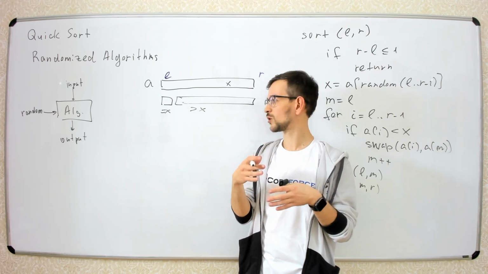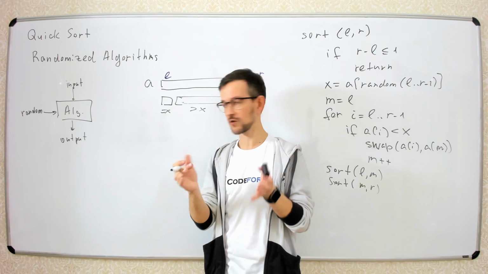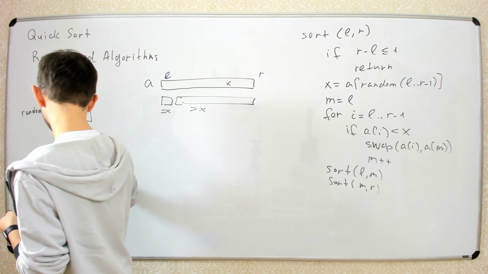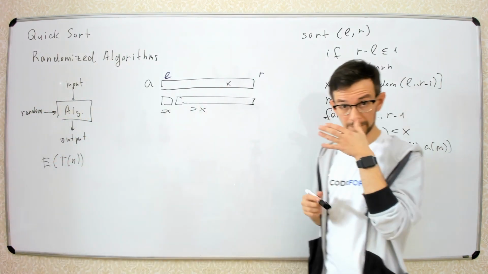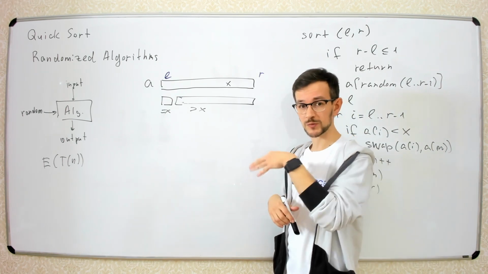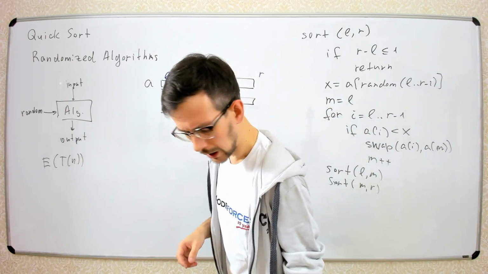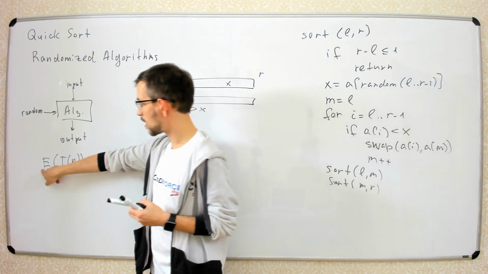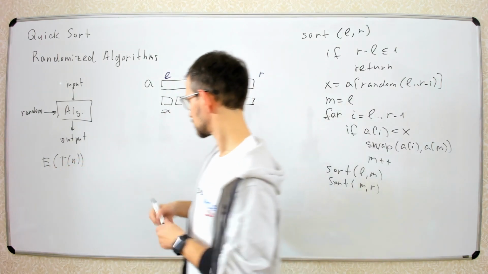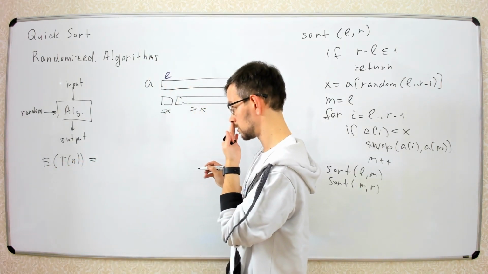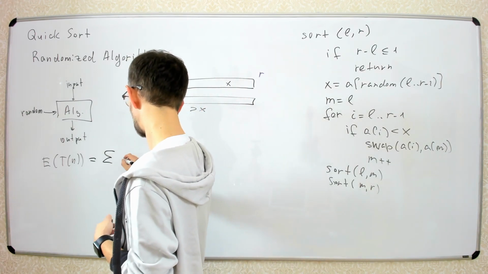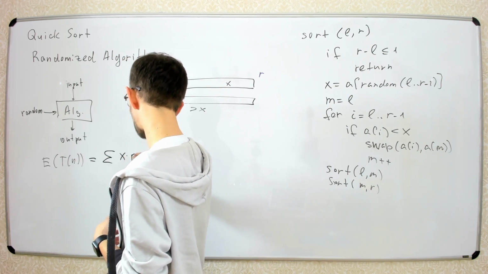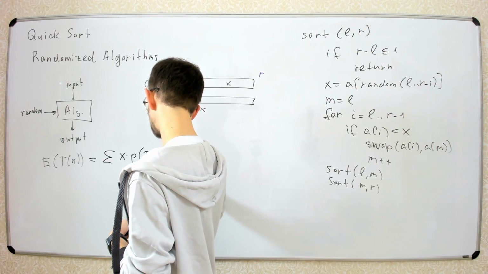So we'll calculate the expected value of this random function, the mathematical mean of the number of operations which the algorithm will take. And this mathematical average is calculated as follows. It's just the sum of x multiplied by the probability that time equals x, for all x.